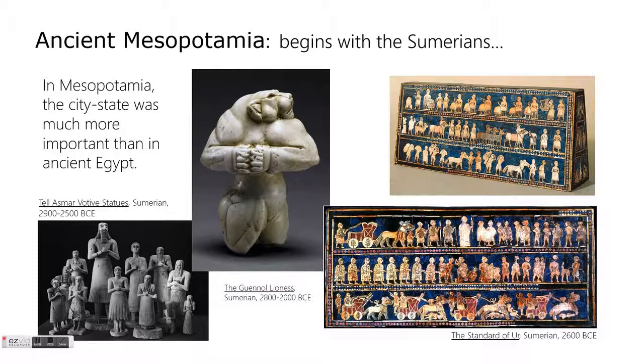And then down here we have these votive statues, which are little statuettes that may be of gods or may be of kind of praying priest figures, or possibly even a little bit of both. Both kind of praying figures, but also representing the gods that they are praying to.